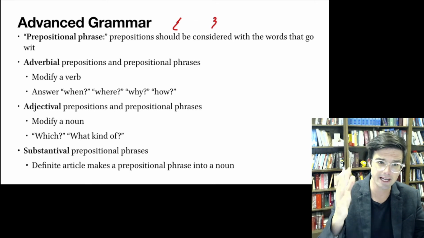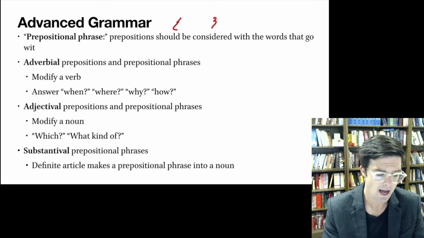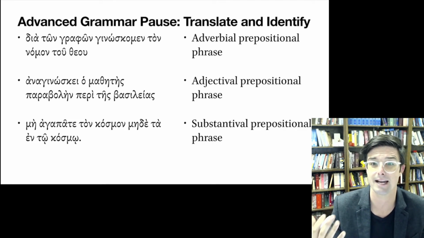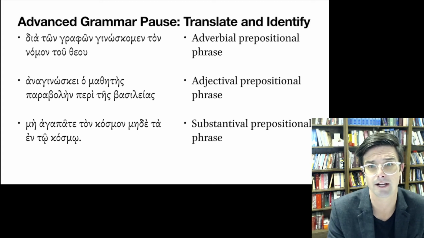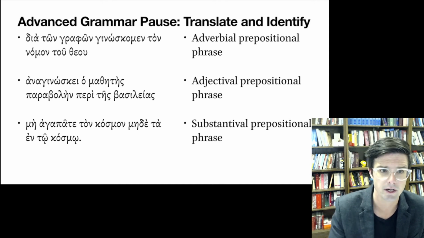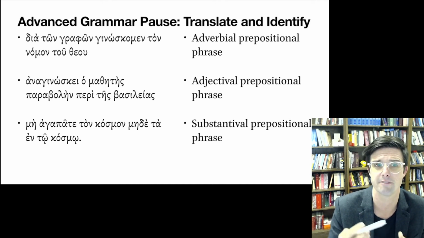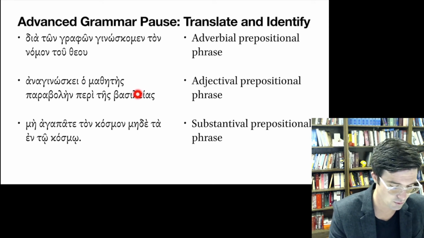To get at these different categories, rather than just show you examples, I'm going to ask you to make some guesses about them. So we're going to end our lecture here with a lecture pause. Pause the lecture and do a few things. First, identify the prepositional phrases in each of these bullet points.